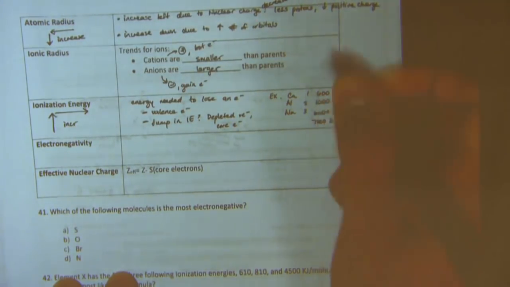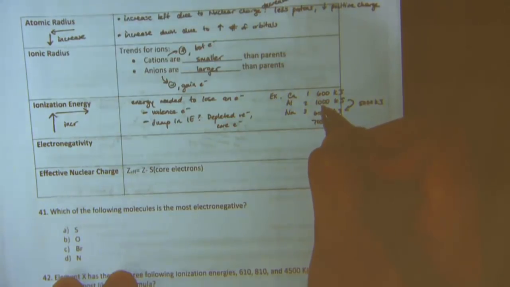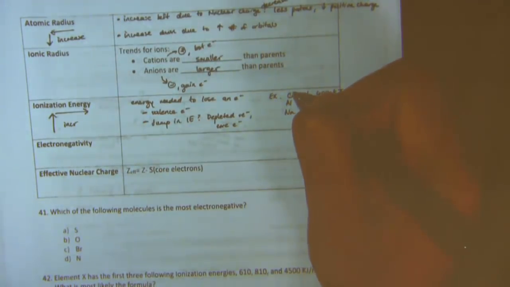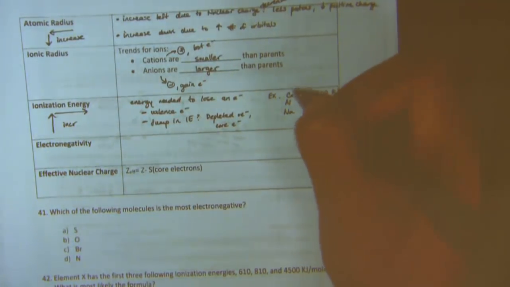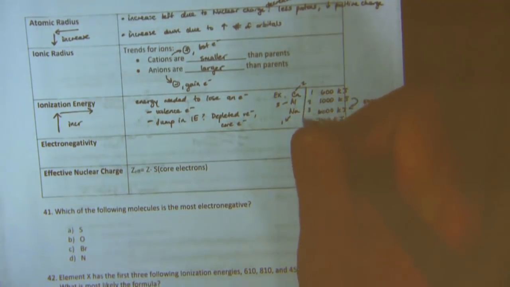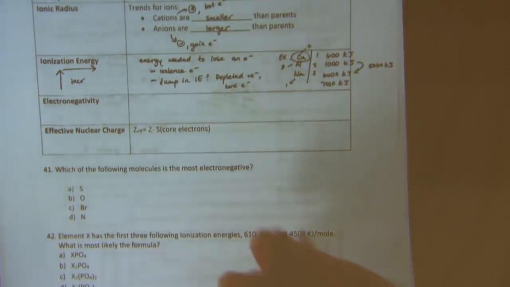After we lost the second valence electron, we started dipping into the core electrons. So we would look at the valence electrons for these based on the columns. Calcium's an alkaline earth metal, so it has 2. Aluminum has 3, and sodium has 1. So in this case, you would choose the one that had 2, and that would be calcium. But I think we have a subsequent problem later.